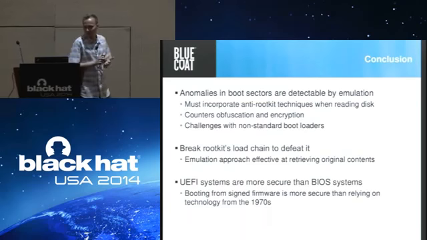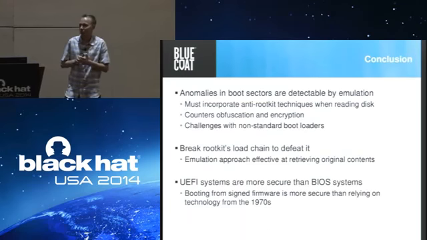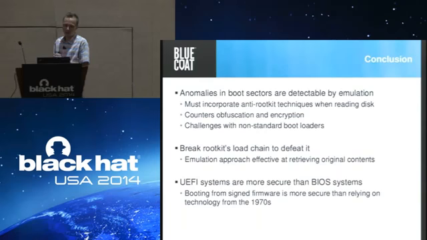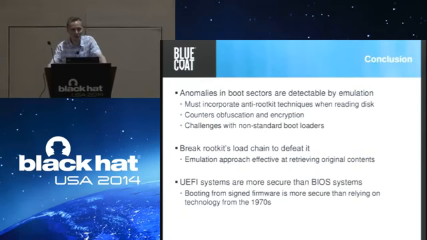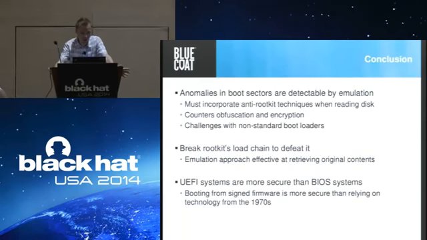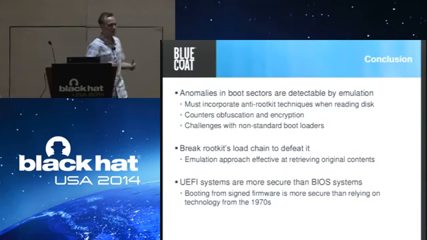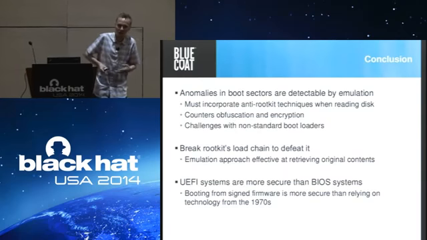So in conclusion, I'd like to reiterate that anomalies in the boot sectors are detectable by emulation. It works really well. But you need to incorporate some anti-rootkit techniques in order to make sure that you're reading the true contents of the sectors on disk. It's really efficient at countering obfuscation and encryption, because you're basically emulating through the code that will do the deobfuscation or the decryption for you.